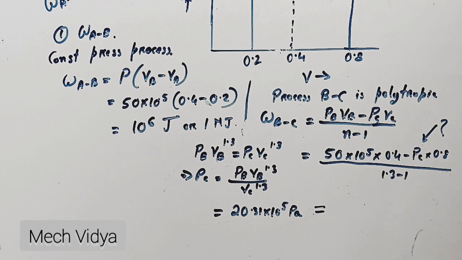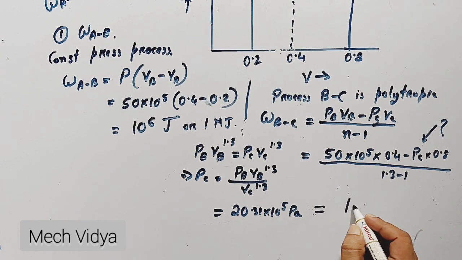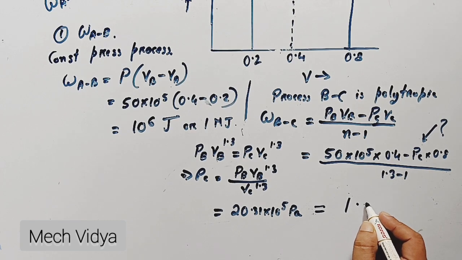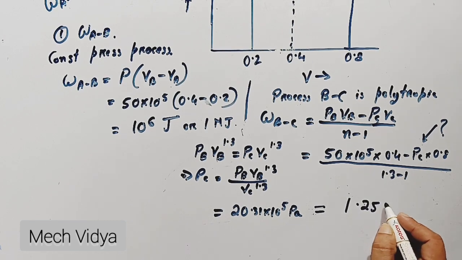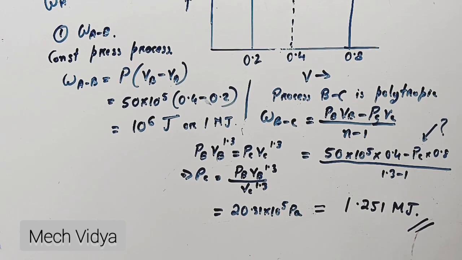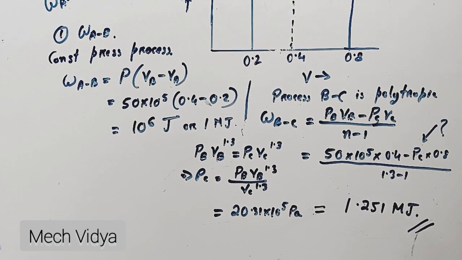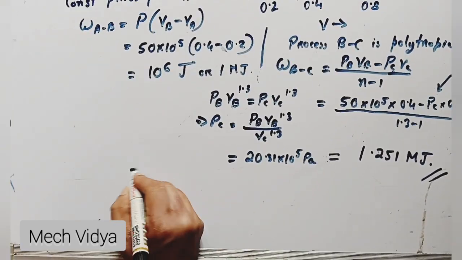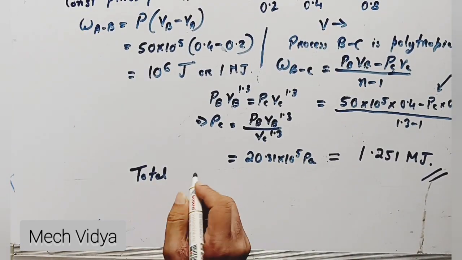Okay, now just plug in this value into the work done formula and you will get the final value of the work done. Okay, so if you do this entire calculation, the final work done will come out as 1.251 megajoule.